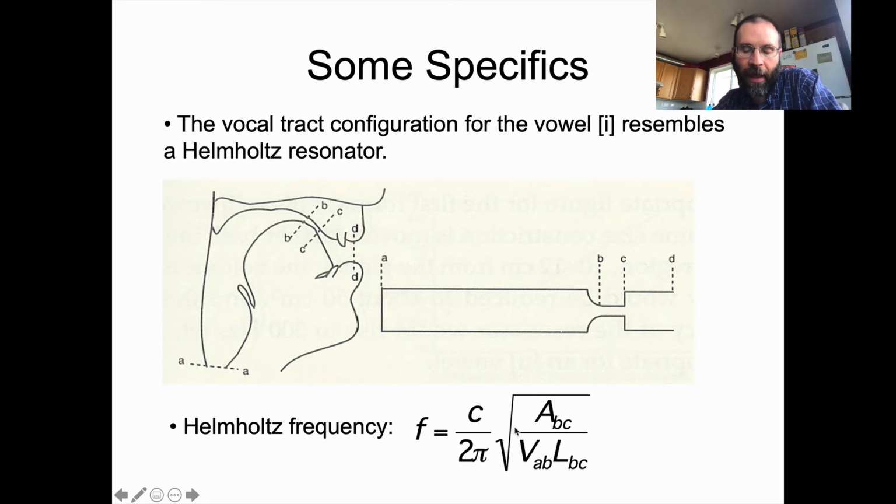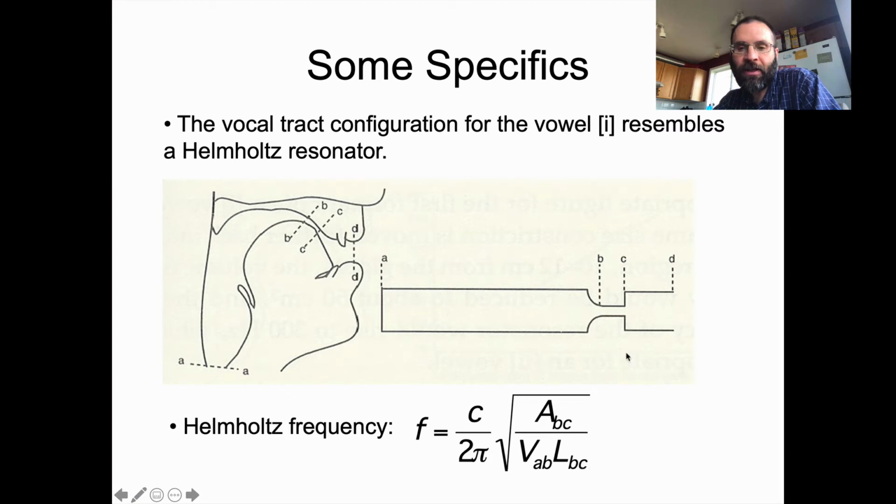And if we look at these variables here in the equation, which gives us the Helmholtz frequency, it's got a few variables specified on the basis of this BC passageway. So A_BC here in the numerator of this fraction is the cross-sectional area of this little Helmholtz resonator.